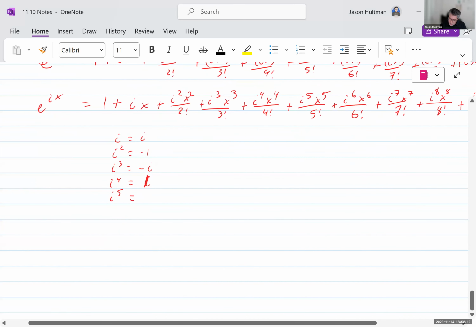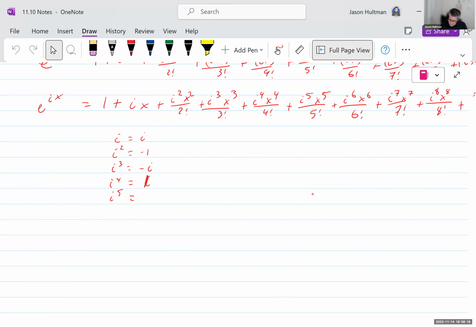Okay, that's fine. Okay, so i to the 4th is 1, negative i, 1, i to the 5th is just i. Then it goes -1, negative i, and then 1, and then i.